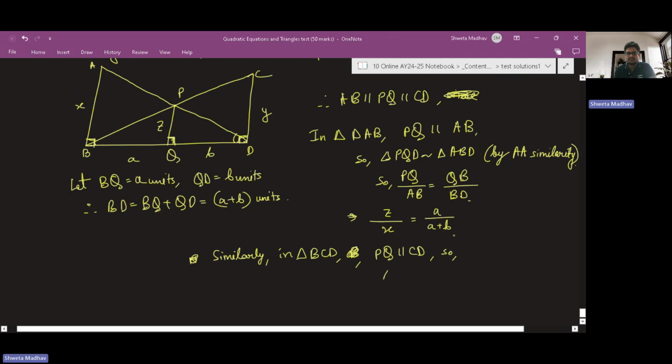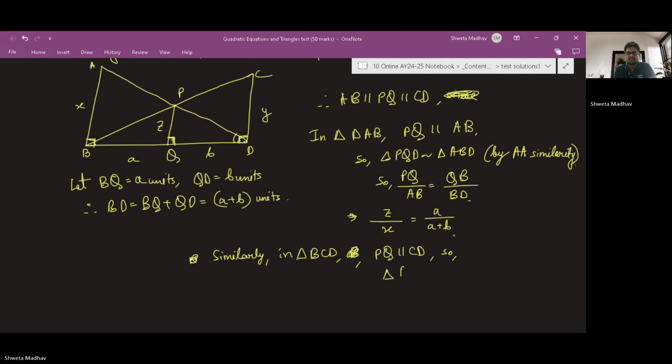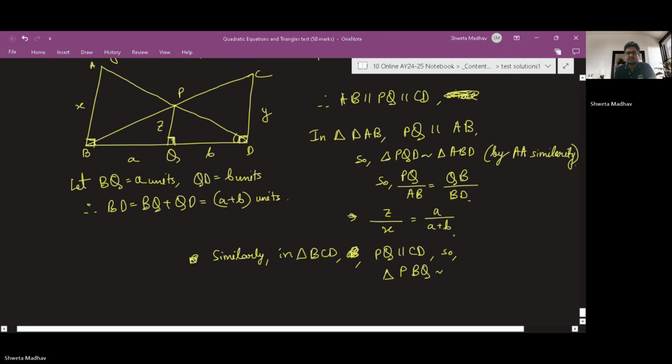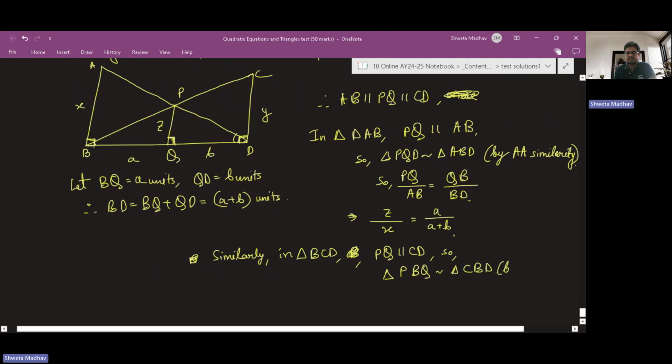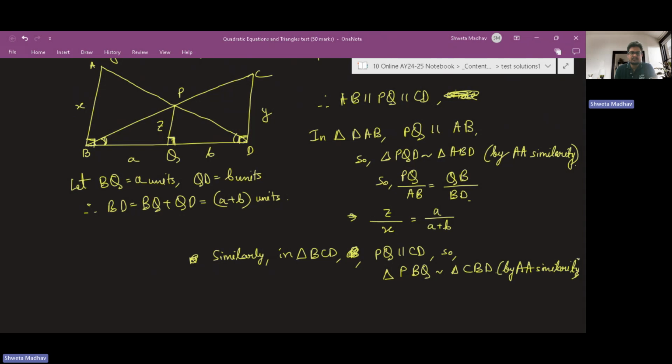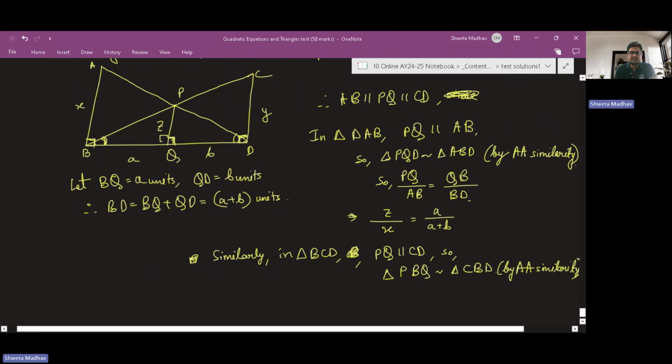So now, triangle PBQ is similar to triangle CBD by angle similarity criteria. Since why? This angle is common, I can say angle PBQ is equal to angle CBD, which is the common angle, and these two angles are right angles, angle PQB and angle CDB.